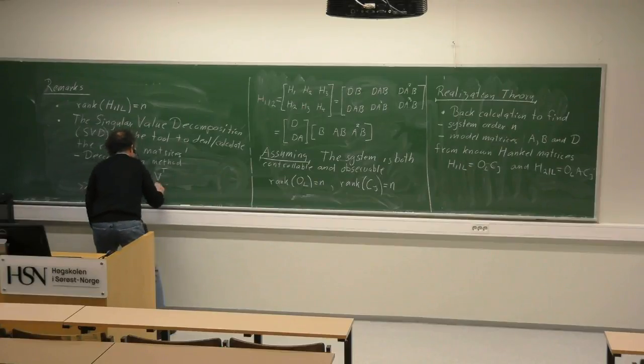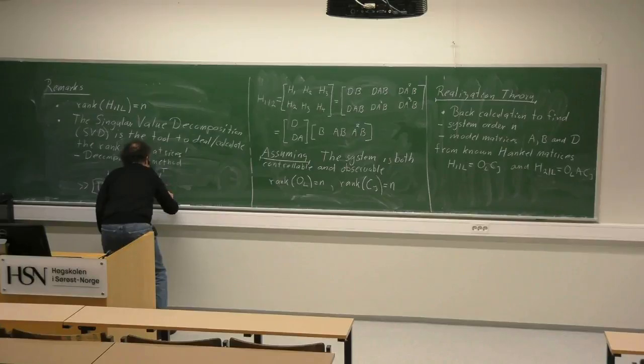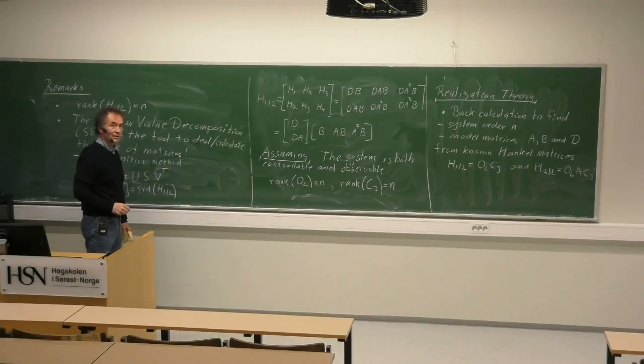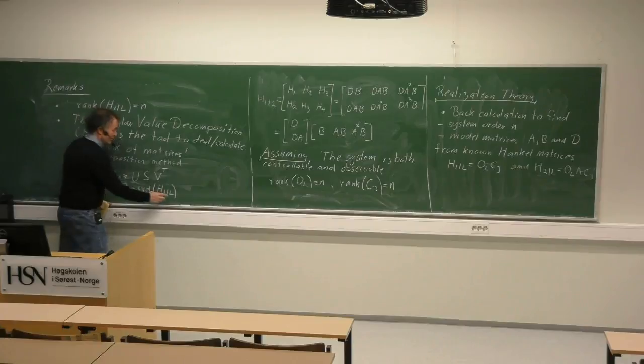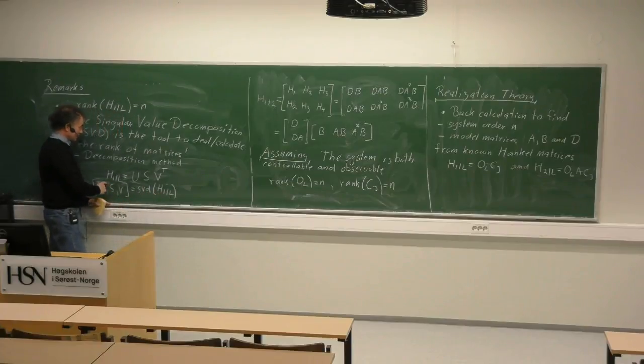And the argument is this Hankel matrix, or another matrix you want to calculate the rank of. And the rank of this matrix is equal to the number of non-zero singular values on the diagonal in this S matrix. Open MATLAB and try.